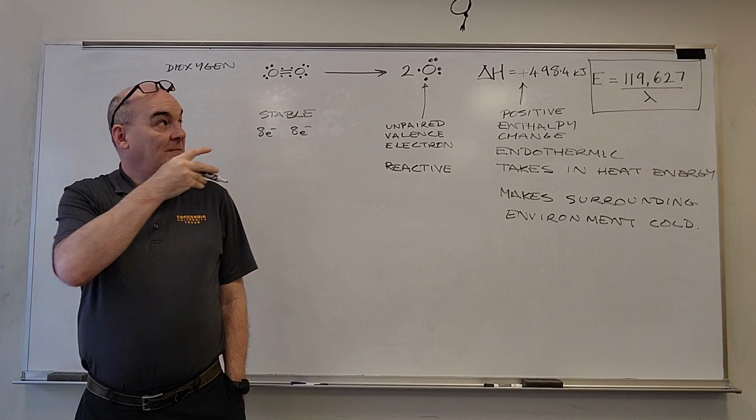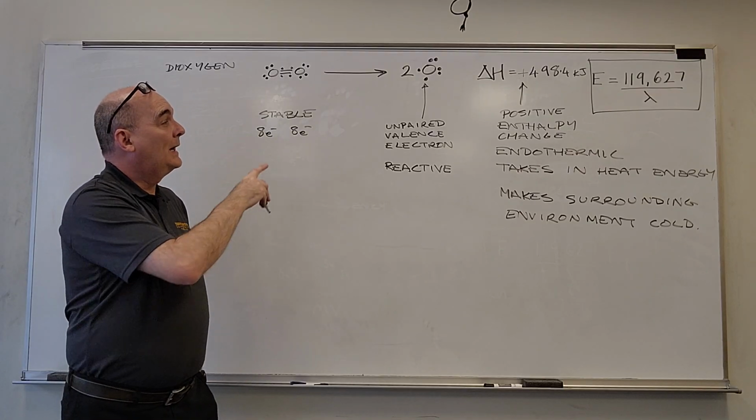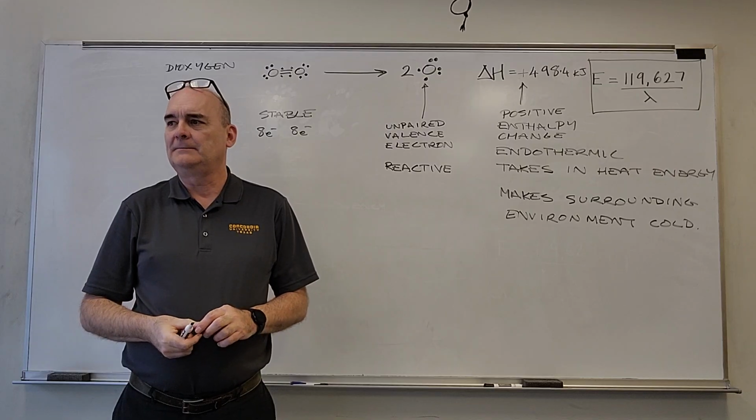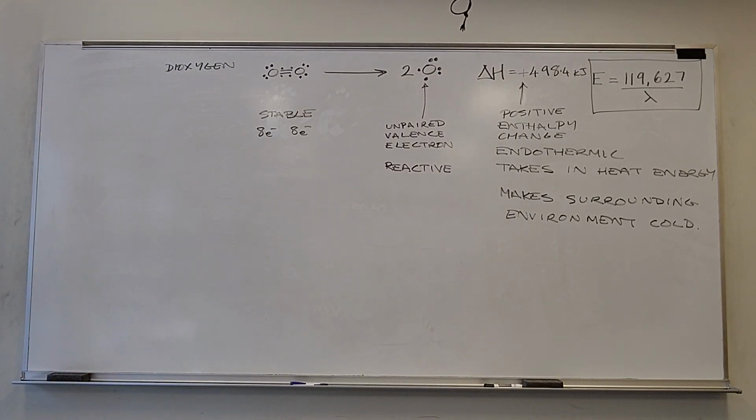But we've scythed those two bonds and made 2 reactive atoms instead. Okay, that's how far we've gone. Let's go explore why this is being mentioned, and do we have enough energy to make that happen?